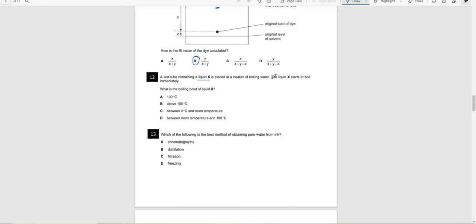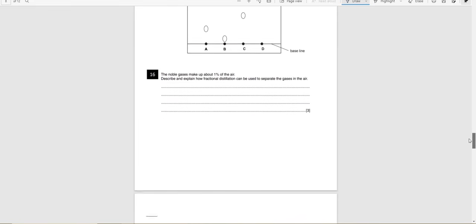And since it started to boil immediately, its boiling point can be 100. Yes, it can be, but let's look for better answers. Above 100, no, it can't be because it started boiling immediately. Between 0 and room temperature, no, because it was liquid at room temperature. Between room temperature and 100 degrees Celsius, that is true.